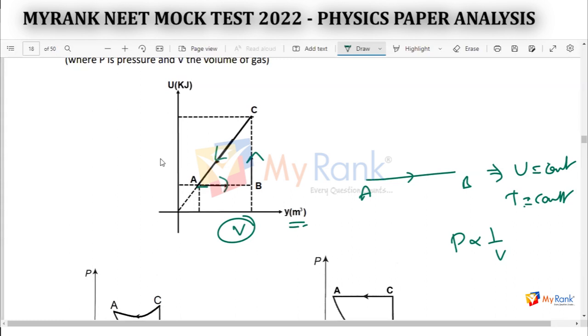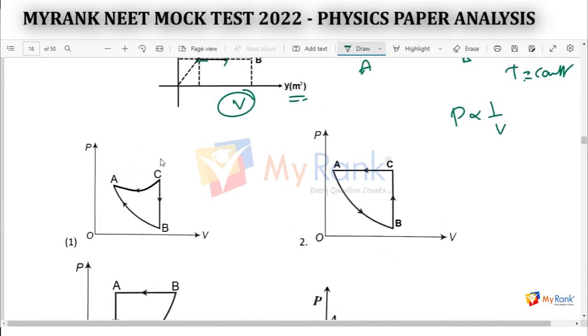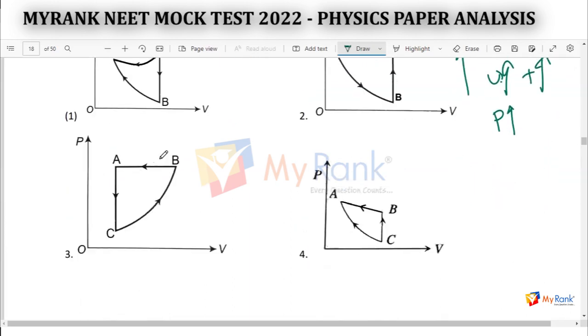For BC, volume constant and internal energy increasing. That means temperature also increases, right? Volume constant means pressure can increase. So keep this in mind.